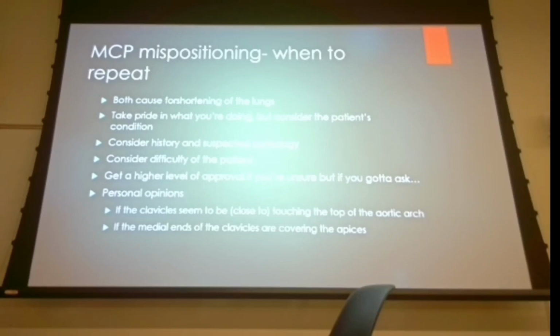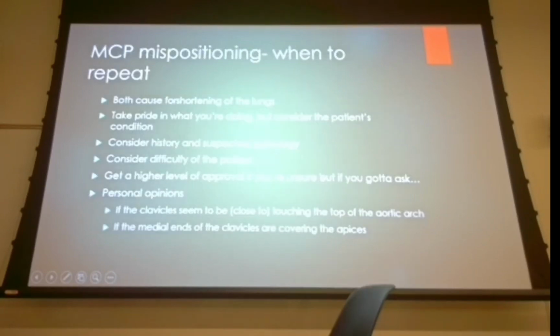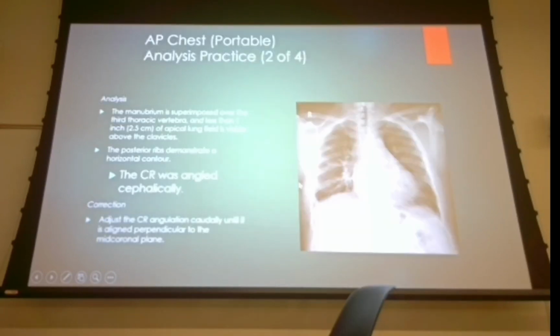Explain the situation and say, do we really need another one for this patient? Do we really need another repeat on this patient who has a pneumonia in the lower lobe of the right lung? And chances are they're going to say no. They can see what they need to see.